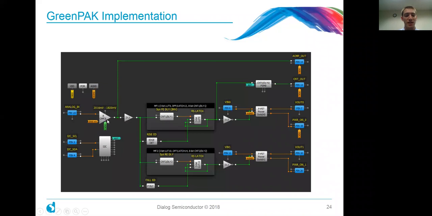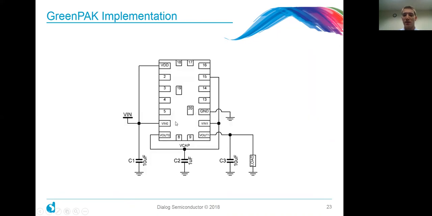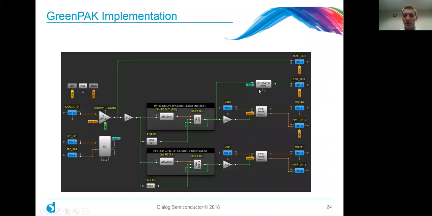So here we're going to have an analog comparator, which we're going to look at the properties in just a second, that's driving the rest of this switch logic. So here we have the switch logic that's powering the two integrated power FETs that I showed right here. So this is FET 0 and this is FET 1. So these two FETs are going to be powered by our switch logic. And then they're going to drive also this counter that's just counting the times we move from phase 1 to phase 2.